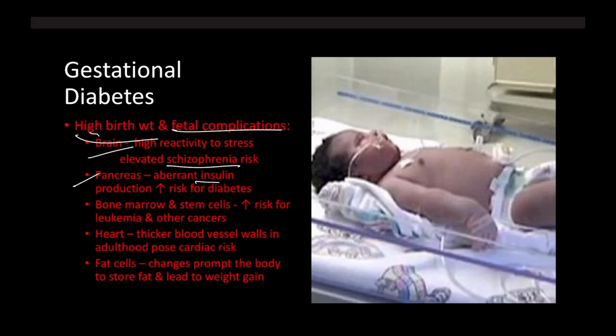Pancreatic problems, aberrant insulin production, so risk of getting diabetes later on as a child. Bone marrow and stem cell issues, high risk for leukemia and other cancers. Heart issues, thicker blood vessels, cardiac risk later in life. And fat cells change to prompt the body to store fat, which leads to more weight gain. So the body's already ready to start storing all this extra glucose as fat. That's the role of insulin. We have all this extra glucose and extra insulin, and babies get very, very big.